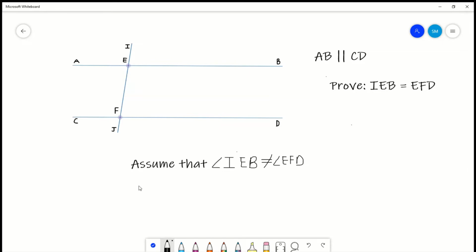So without loss of generality, I'll explain what this means afterwards, we'll say that angle EFD is greater than angle IEB.